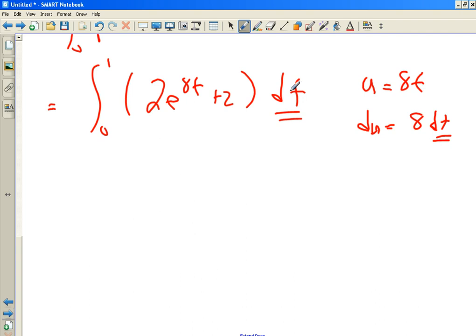That's an easy one. It's just e to the u, which is e to the 8t, right? But don't forget, there was a 2 in front, and now there's an 8th. So 1/4. Don't forget the 8th, don't forget the 2. All right, integrate this. Plus t, that's it, good. Now you can plug it in, can't you?